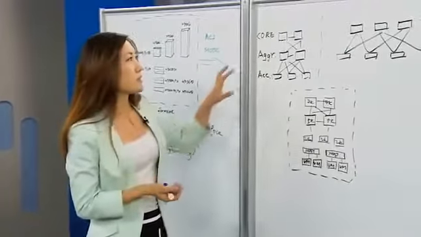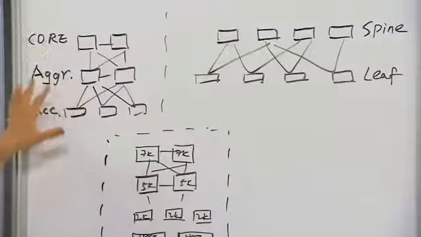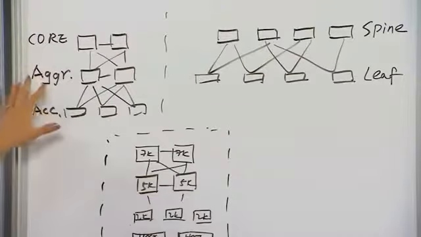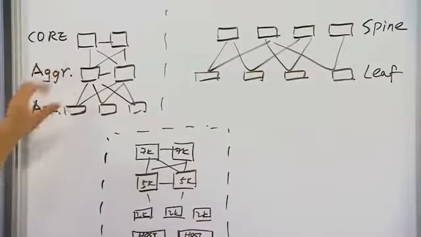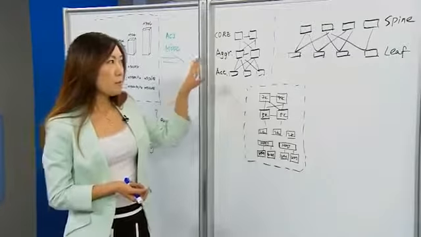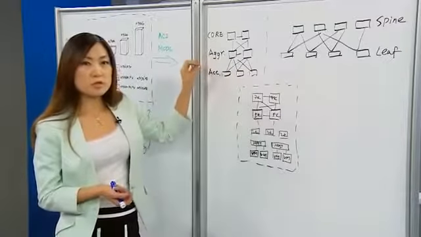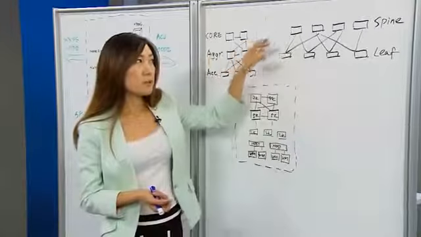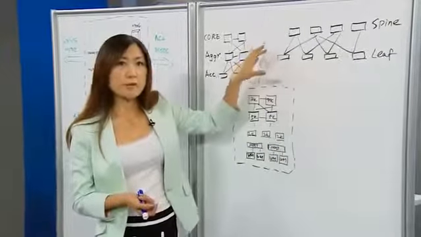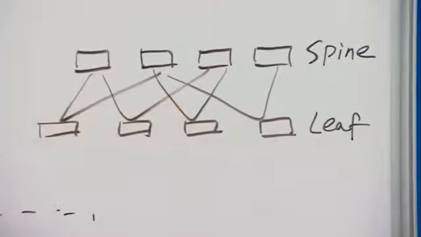So let's look at today's network. Most networks are deployed in the traditional 3-tier model, like core, aggregation, and access, or maybe you have collapsed access, aggregation, and core. And a lot of customers are looking at flattening this 3-tier network to build an easily scalable 2-tier network fabric, like spine and leaf with a bipartite architecture.